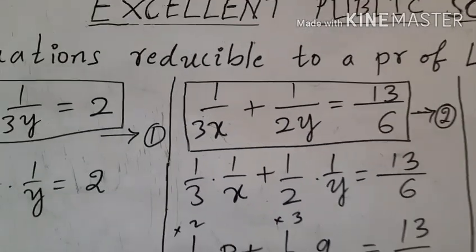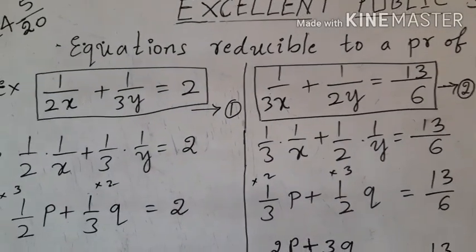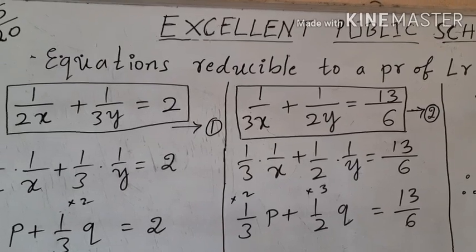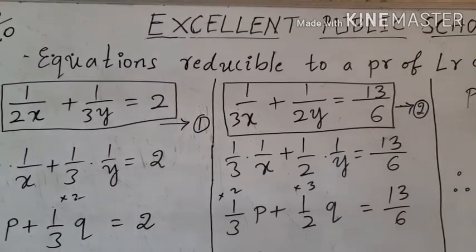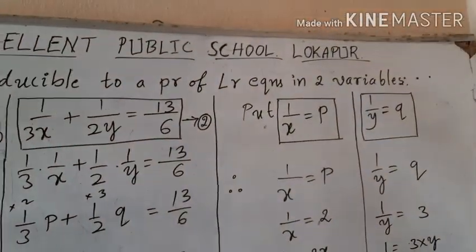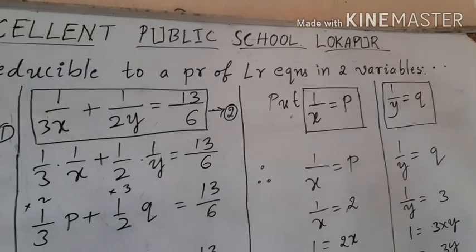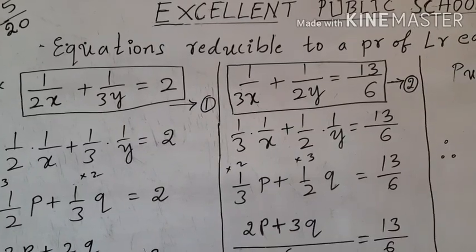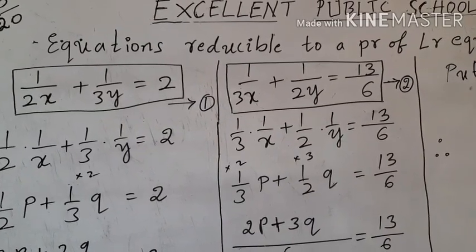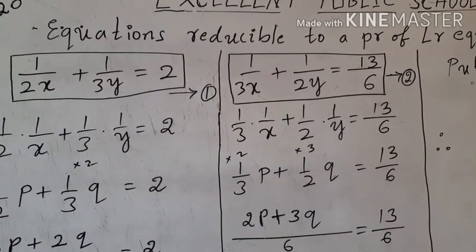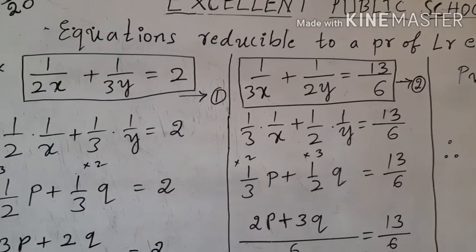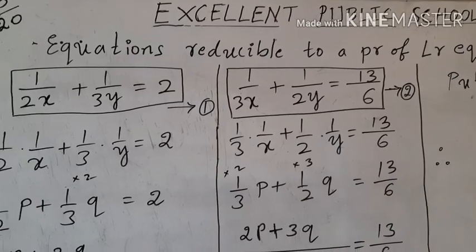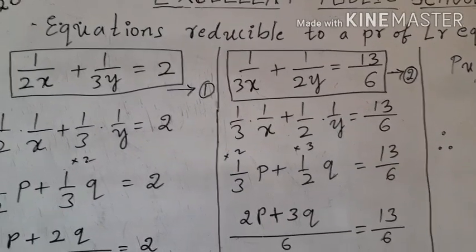Okay, but these are two equations which are reducible to a pair of linear equations in two variables. See here, these equations are in terms of x and y, but you should convert them or reduce them to a pair of linear equations in terms of other variables.